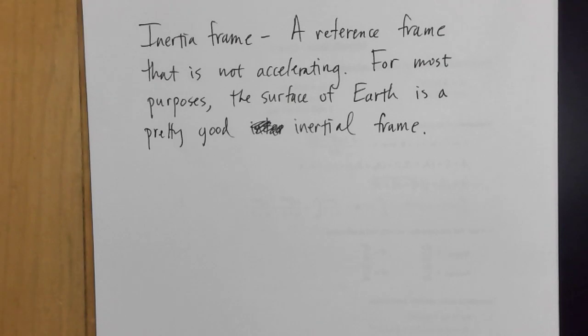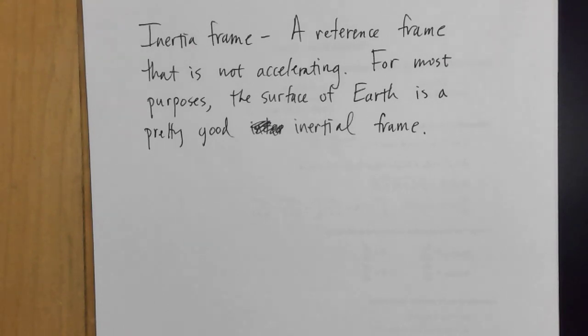A really good inertial frame is something that is not moving relative to the stars in the sky. Those stars in the sky are a pretty good inertial frame.